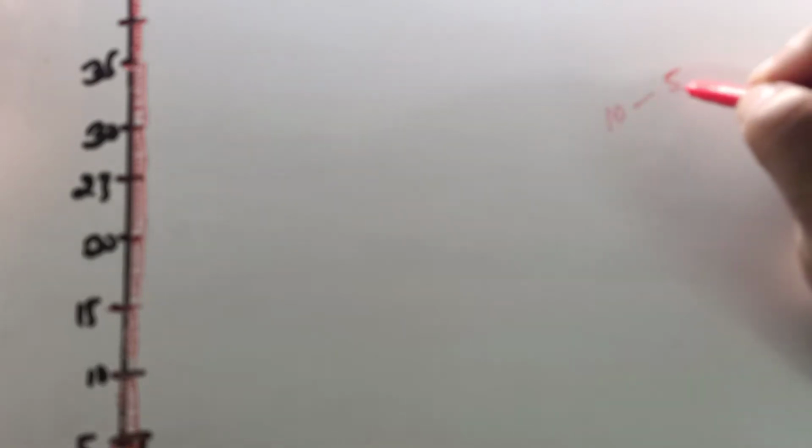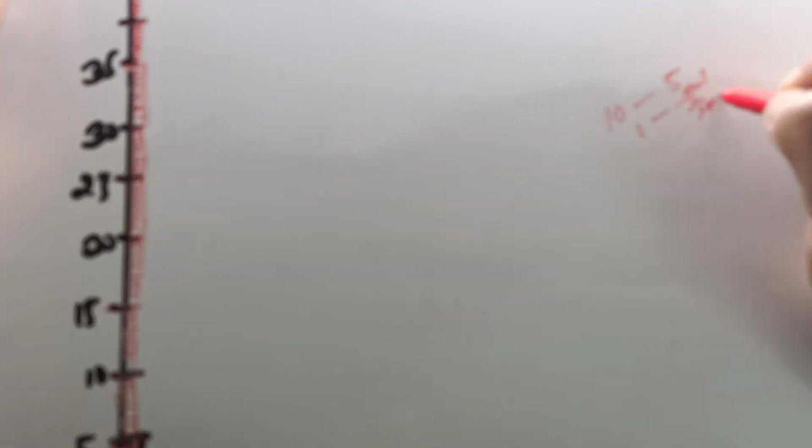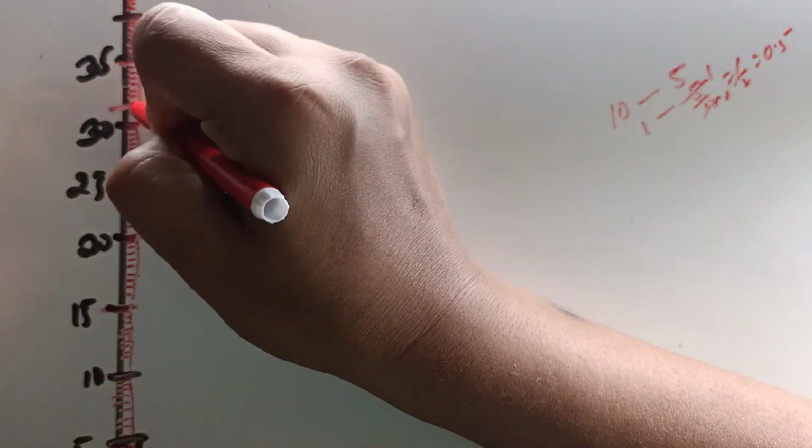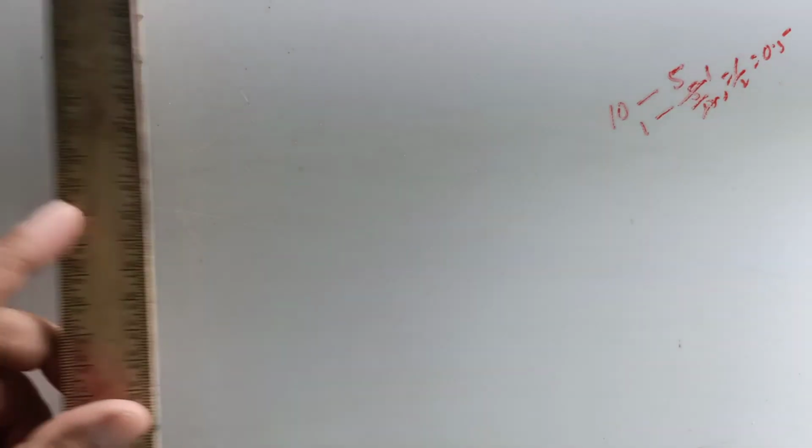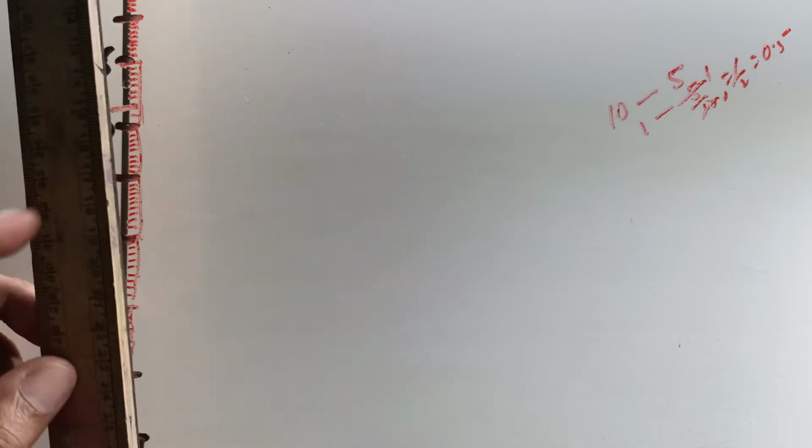If 10 boxes make a difference of 5, one small box will be how much? 5 by 10, that is 1 by 2, that is 0.5, okay? One small box is 0.5. 30, 30.5, and so this one will be 31, somewhere here. So I will draw this 31.8.